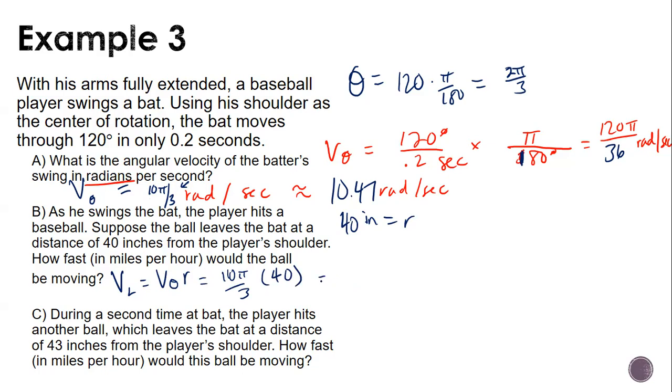So therefore, our linear velocity, what is 10 times 40? 400 pi over 3. Okay? Our radius is in inches. And the time from our angular is seconds. So this is inches per second.